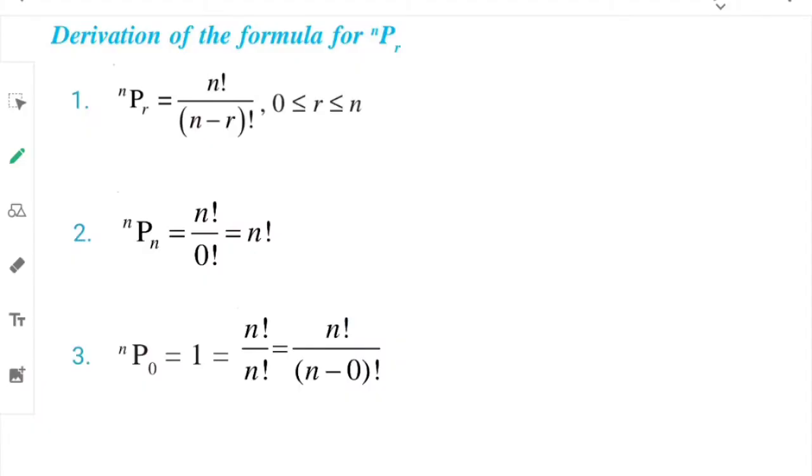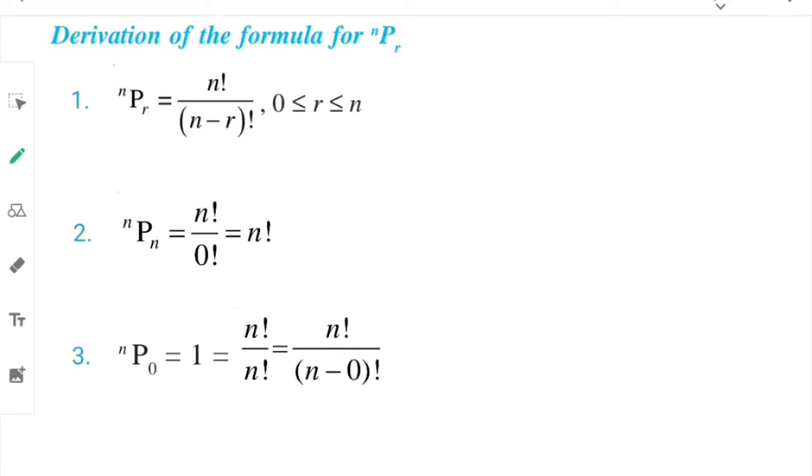I think students you understand the concept of finding the number of permutations when the objects are not distinct. Let us see an example for this. Before getting into the questions, let us see a few formulas.